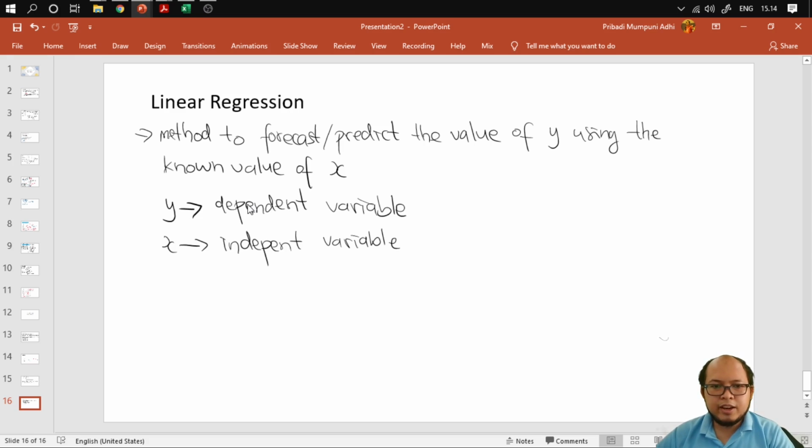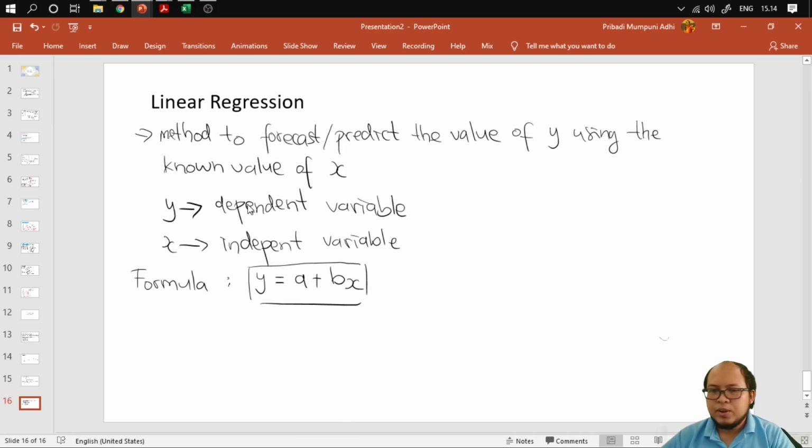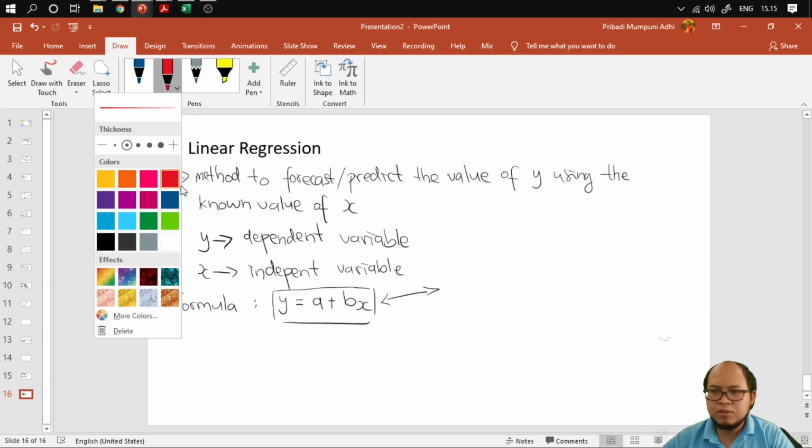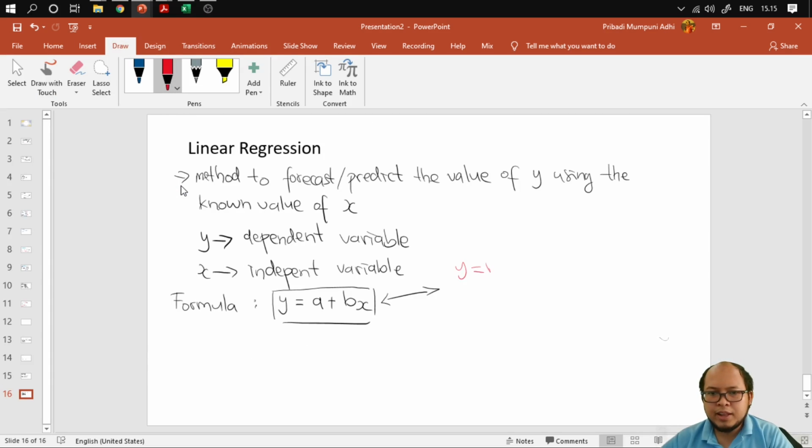So the formula for the simple regression, we usually use y equal a plus bx. So this equation is analogous to the linear equation as we already talked about before, y equal mx plus c.